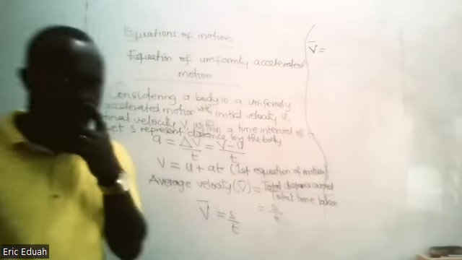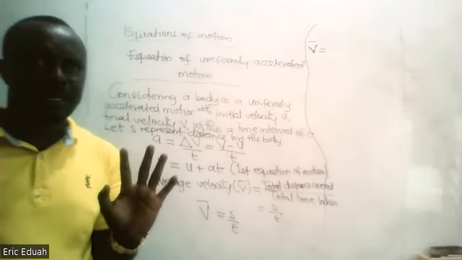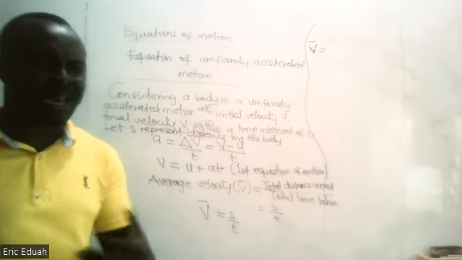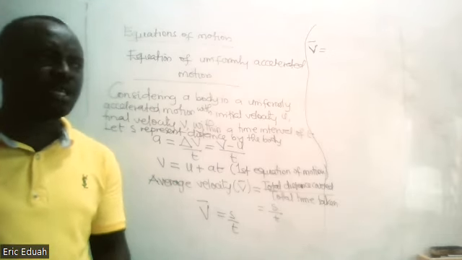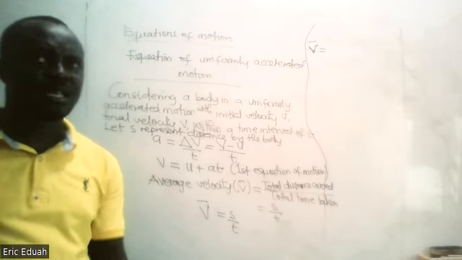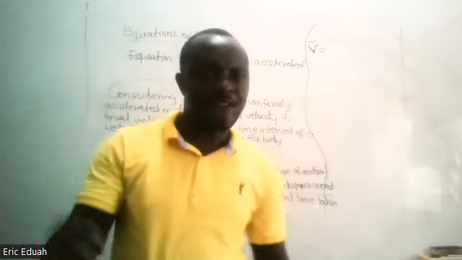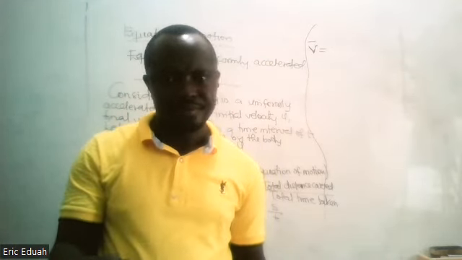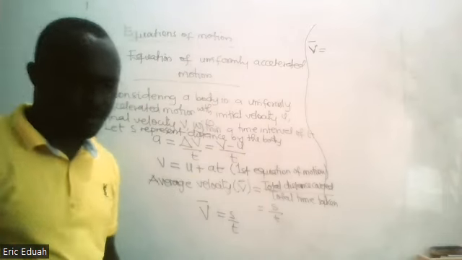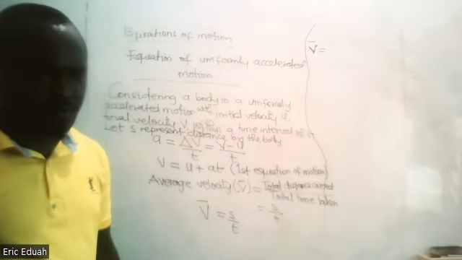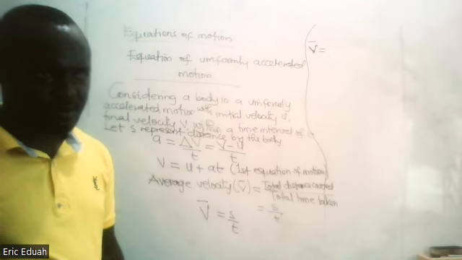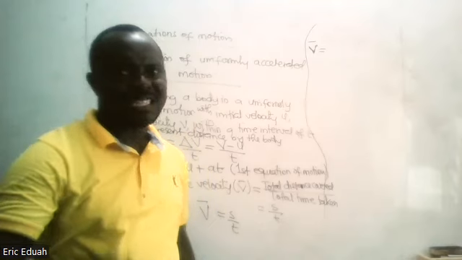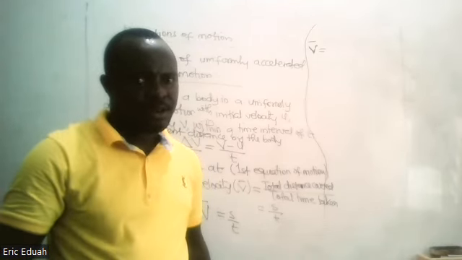So the sum of the two numbers divided by the number of data, what we sometimes call the sample space. If I give you 3 numbers, 5, 6, and 4, you add them and divide by 3. Good.